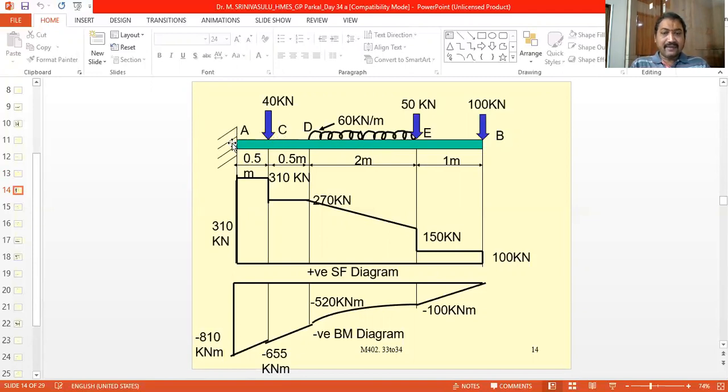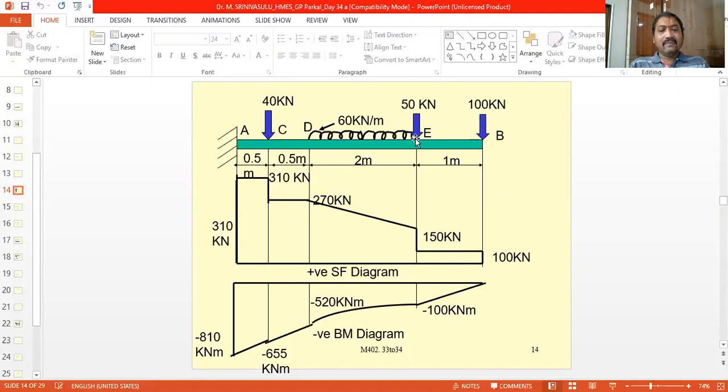So like this we got the A, B, because the first one, AB, is the lever. Then this is C, the point load, the first point load. Next, D point is the starting of the UDL. E point is the ending of the UDL and also the second point load.